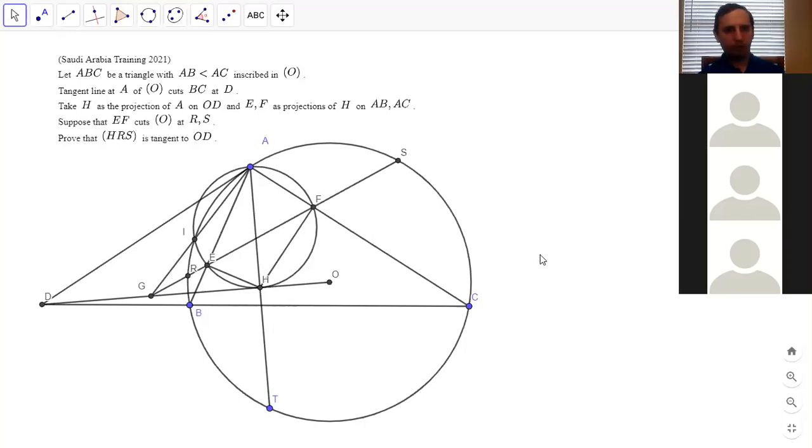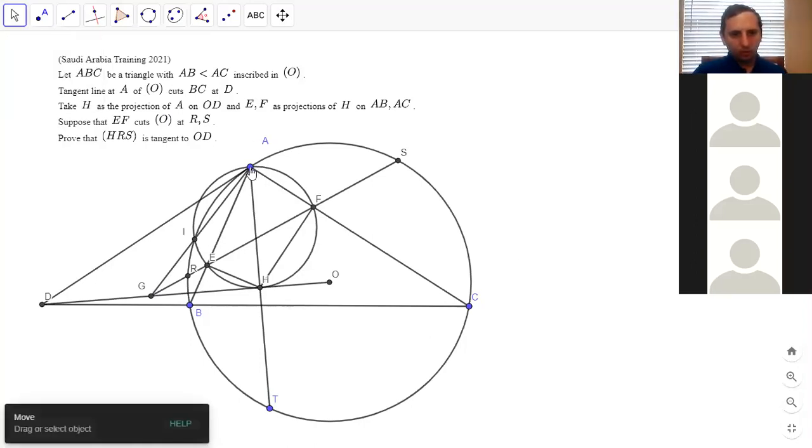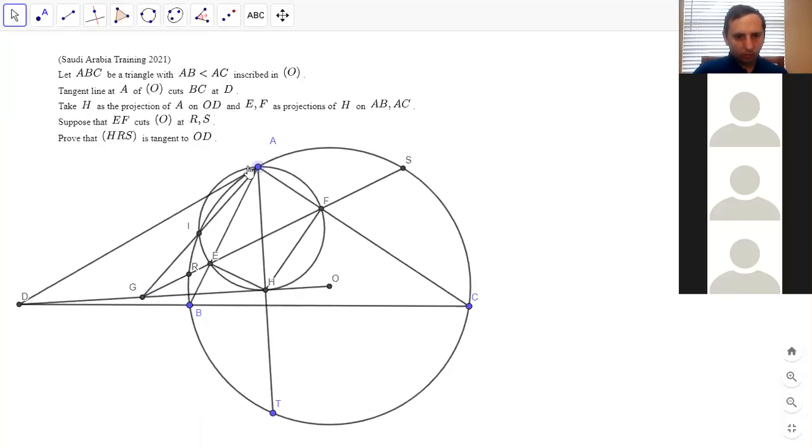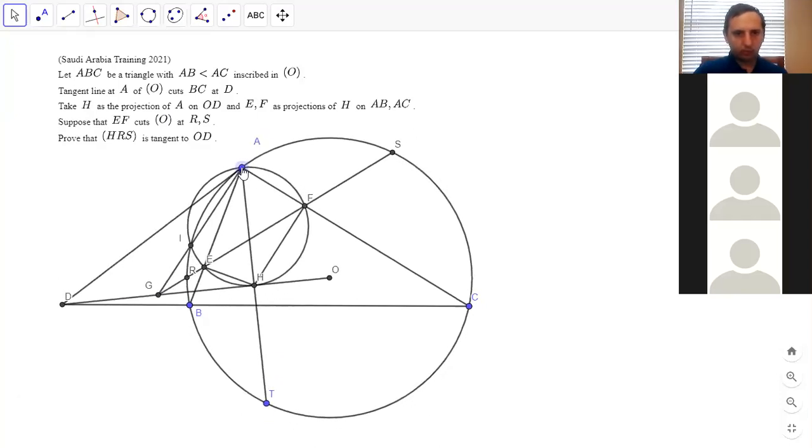we know G is on the radical axis. So is it? Let's see. So yeah, it looks like this circle is tangent, because AH is a diameter.